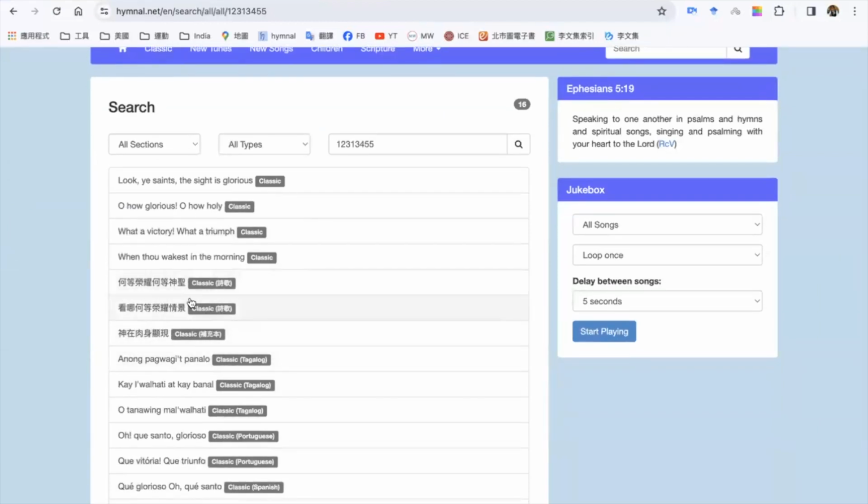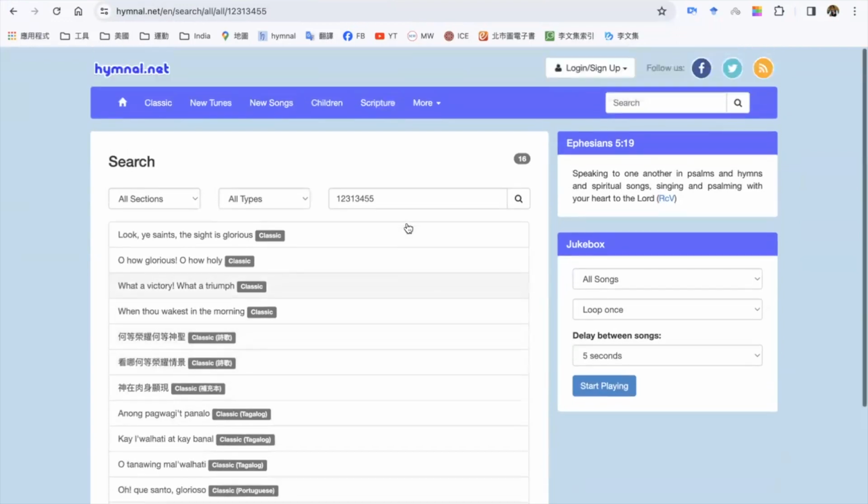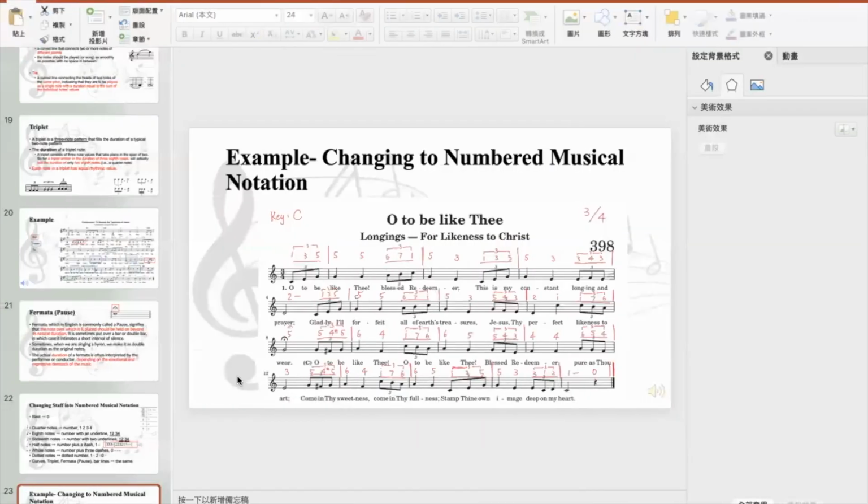Originally I thought it was the first one, but actually they are singing this one, which we seldom sing. So it's very convenient if we know the number notation, and you can look up the hymns in a very quick way. Amen.